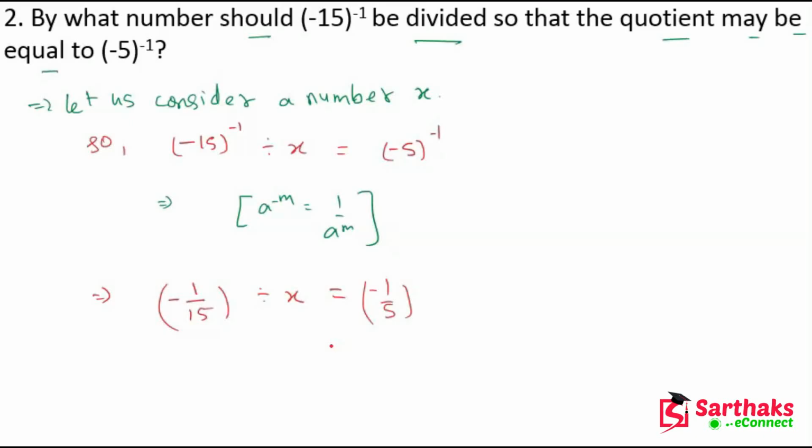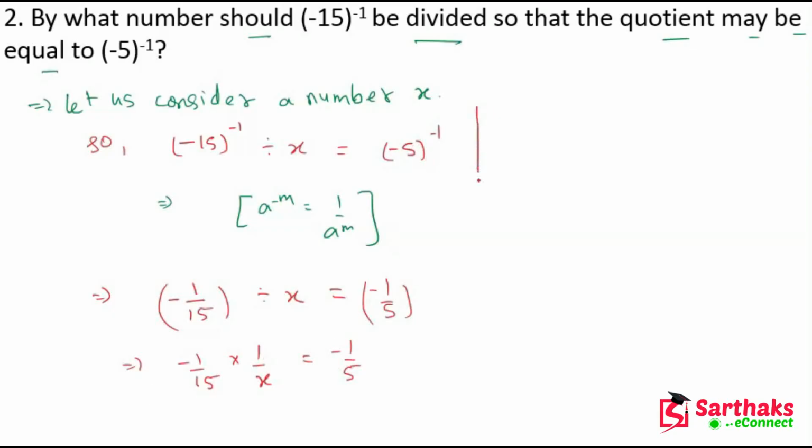Okay, understand? Yes. Now here we have to change this sign. So minus 1 upon 15, if we apply the multiplicative sign, this will reciprocate, so this will become 1 upon x, and this is equal to minus 1 upon 5.